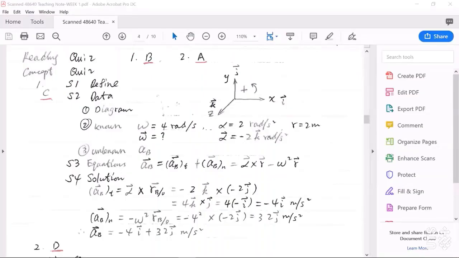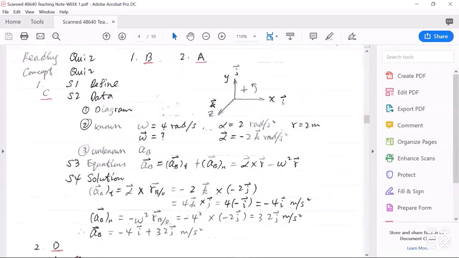Okay, now the solution. This is an easy problem, but even for this easy problem, we still can follow the procedure. So firstly, we define this problem, and in this problem, a disk is rotating about its fixed axis.